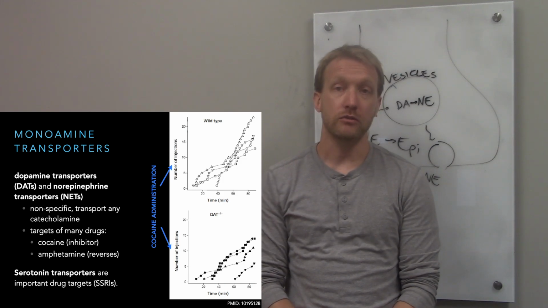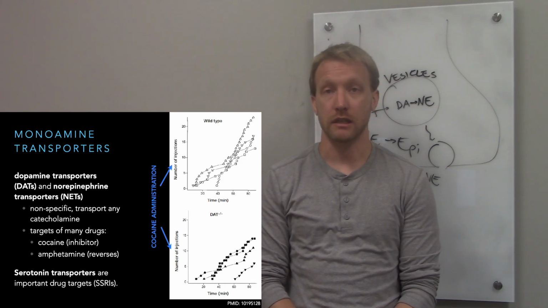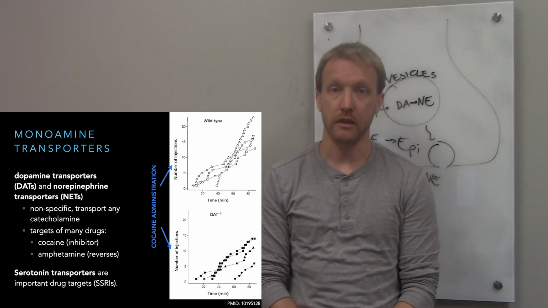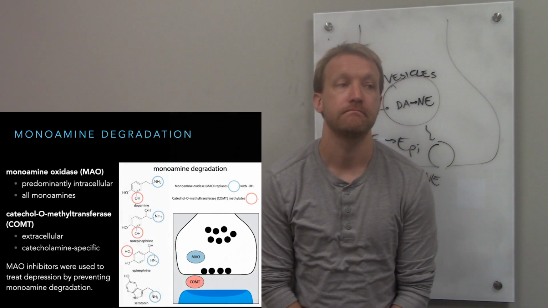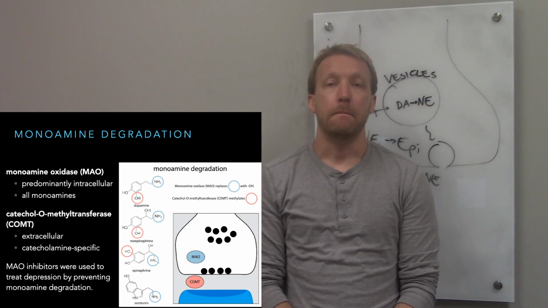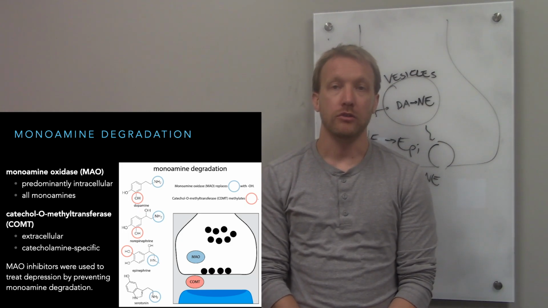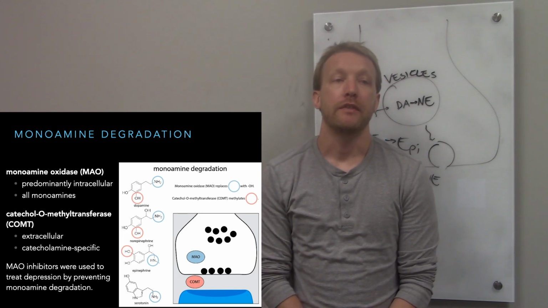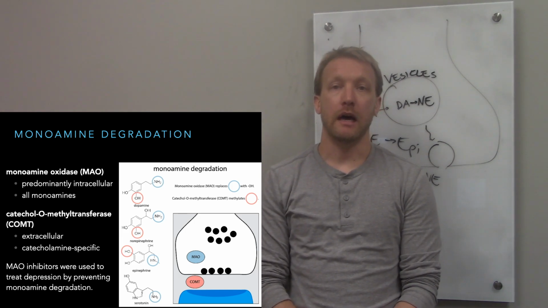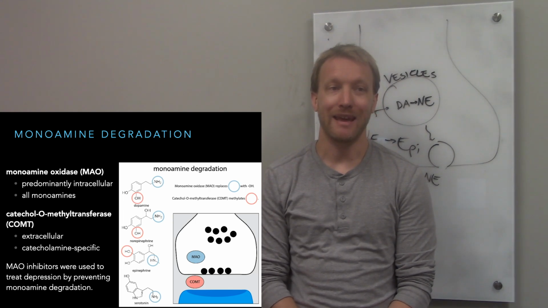Serotonin transporters are also targets of drugs. SSRIs are selective serotonin reuptake inhibitors. So they block serotonin transporters. Monoamines are also degraded. So aside from having transporters, they are also broken down by monoamine oxidase, MAO.